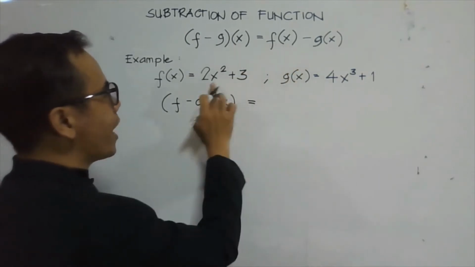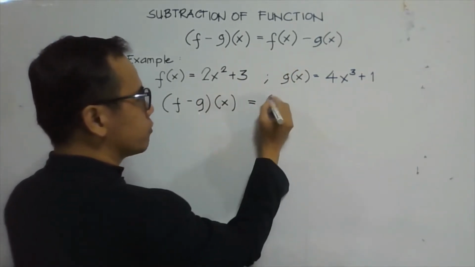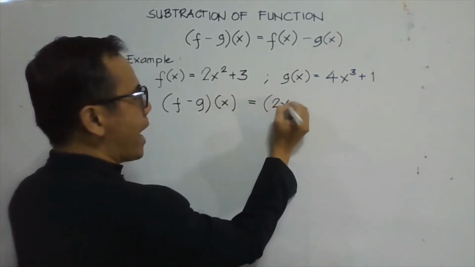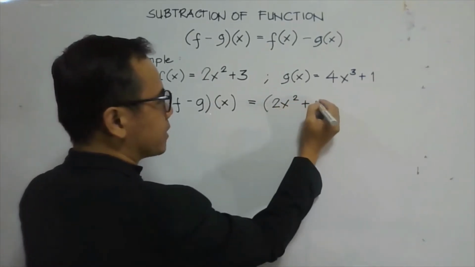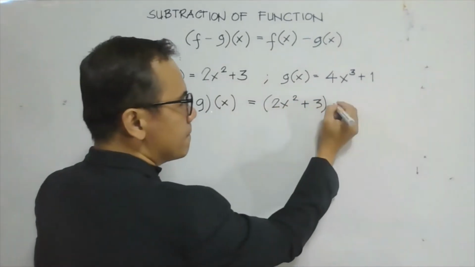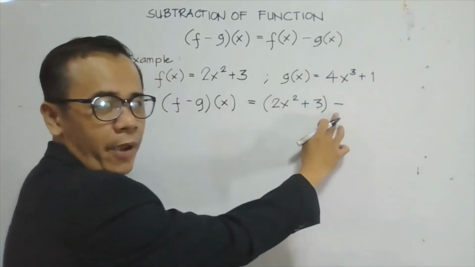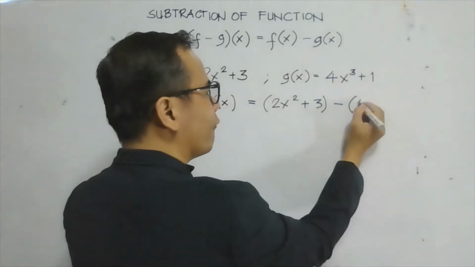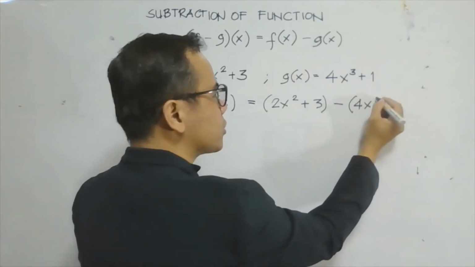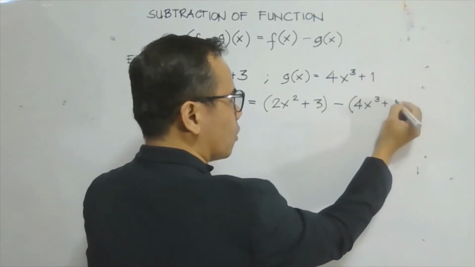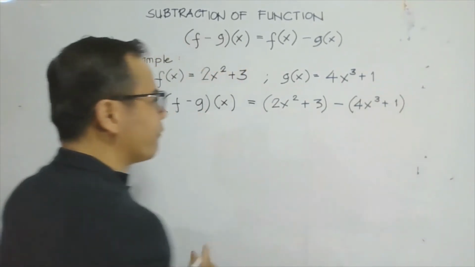So we have our f of x is equal to 2x squared plus 3, then minus our g of x is equal to 4x cubed plus 1. And then let's simplify it.